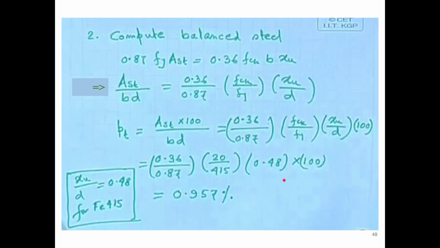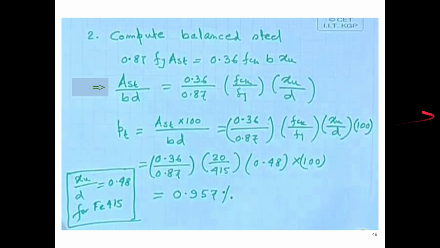Now secondly we will try to compute the balance steel. We will again equate the forces in tension and compression, considering it to be singly reinforced. So 0.87 fy Ast equals 0.36 fck b xu, and then we substitute Ast by bd with pt, and we get the relation pt equals 0.36 by 0.87 into fck by fy into xu by d into 100.